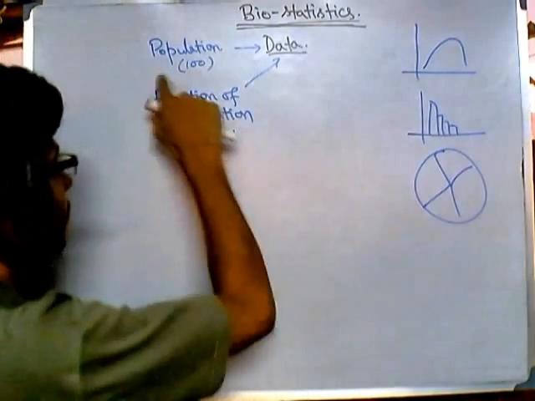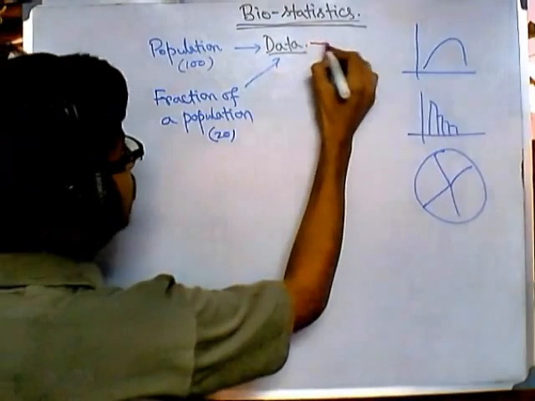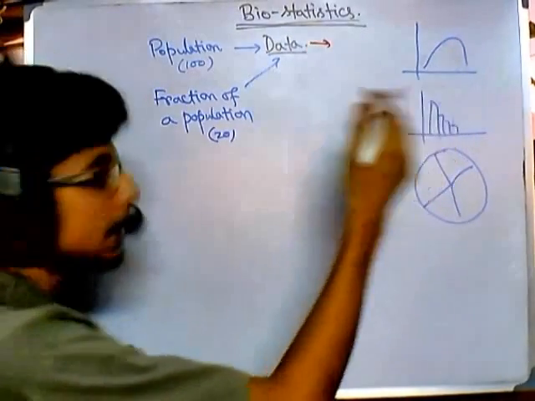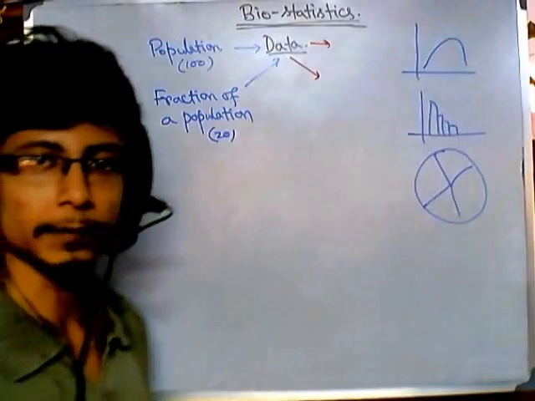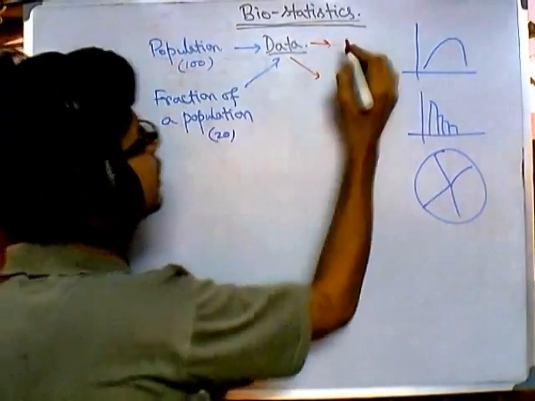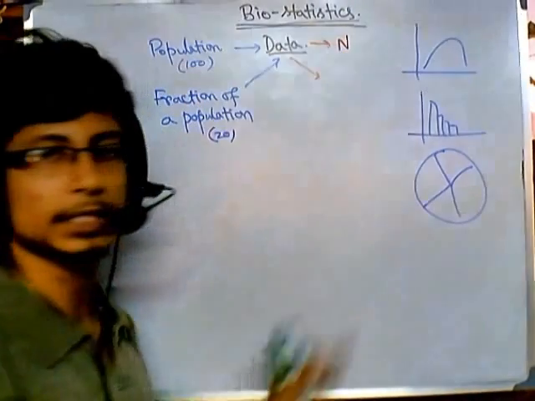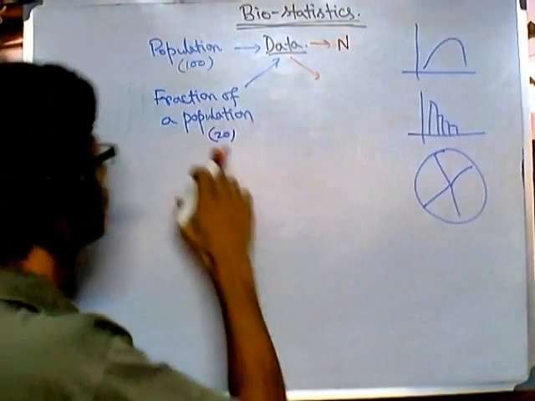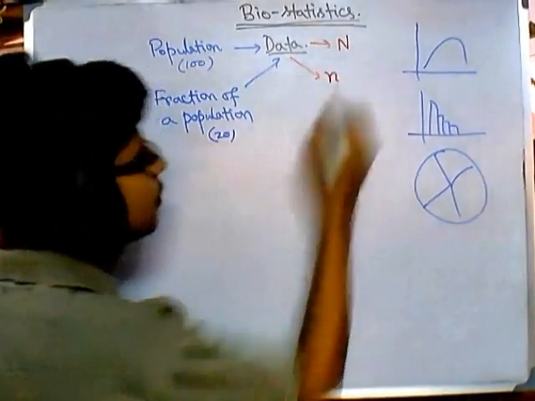If you get the data of the whole population, you will process it differently than the data you get from the fraction. The number of individuals in the population is denoted by capital N, while the number of individuals in a fraction of the population is denoted by small n.